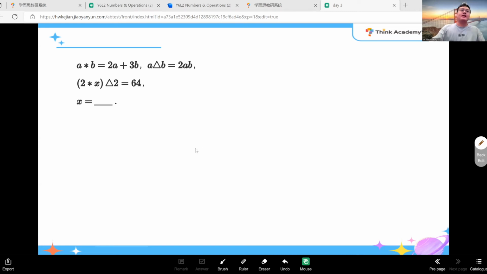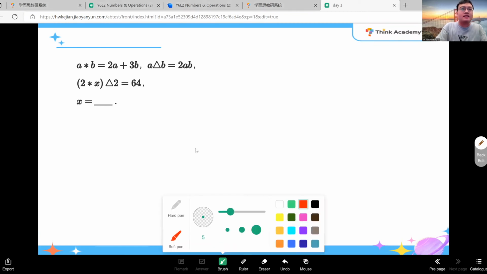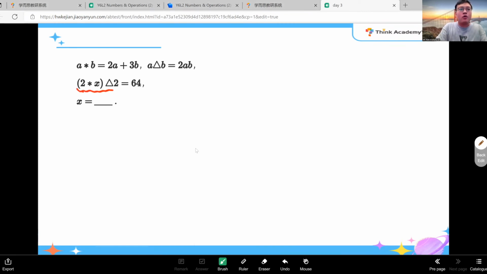All right, so let's say we got 2 different methods to solve this question. The first one is that we just try to get the result of this whole thing here. So let's say method 1. 2 star x, that should be 2 times by 2 and then plus 3x, right?